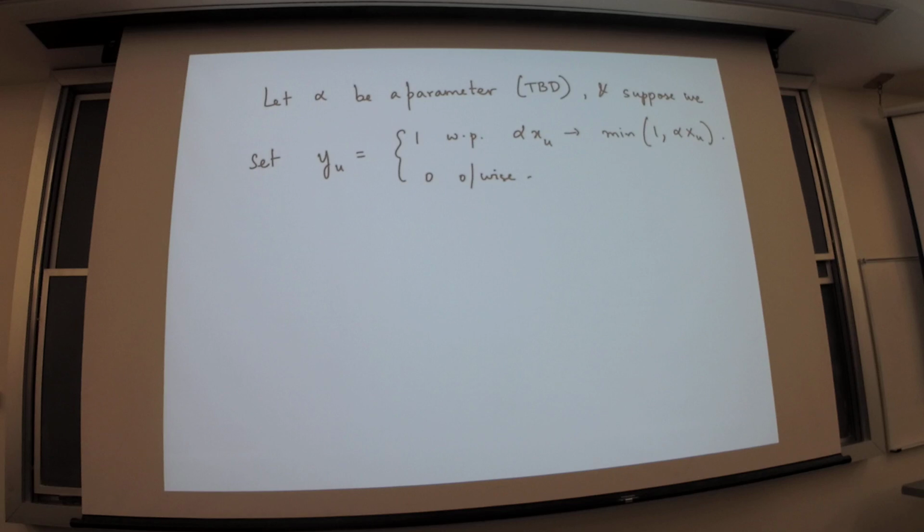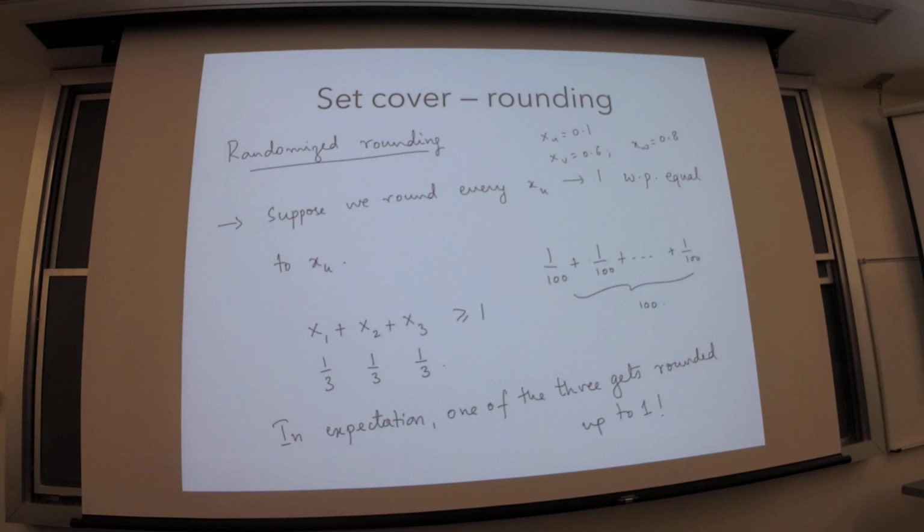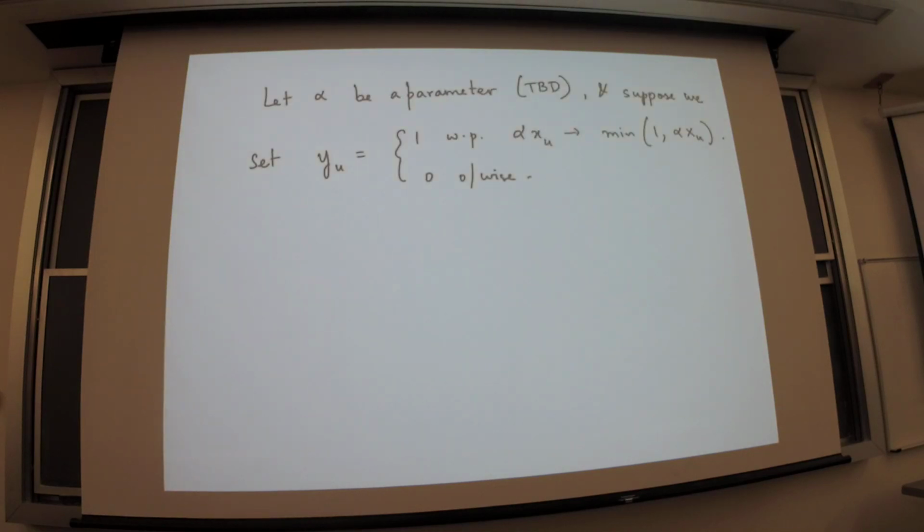So now we can bring out all our randomized analysis skills. Suppose you had this constraint: x1 plus x2 up to some xp was more than or equal to 1.